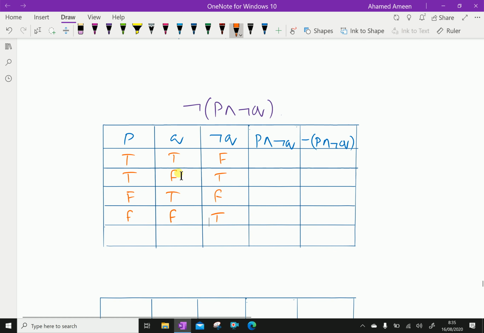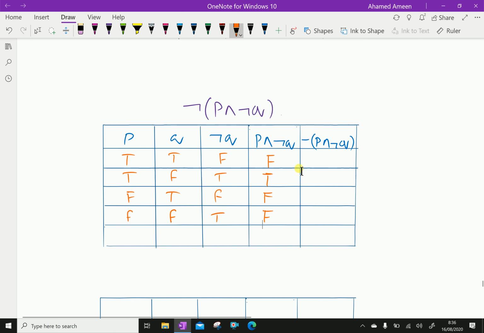Then the conjunction of both: true and false is false, false and true also false, true and false also false. To find P conjunction negation Q: true and false is false, true and true is true, false and false is false, false and true is false.